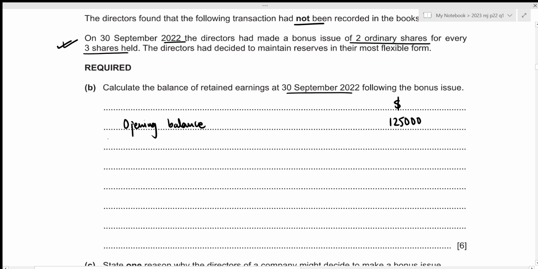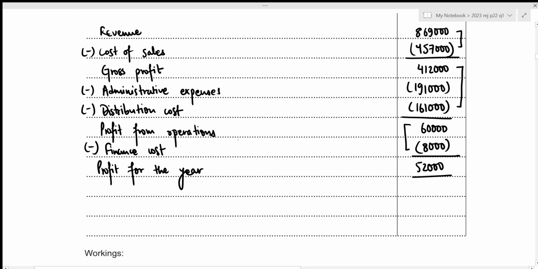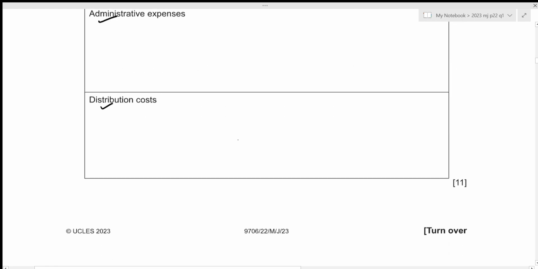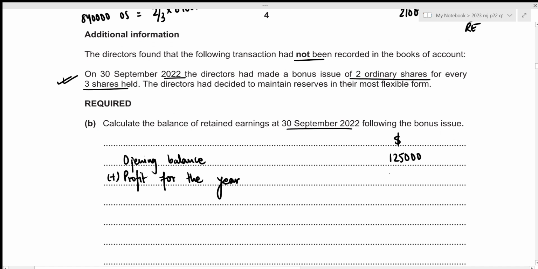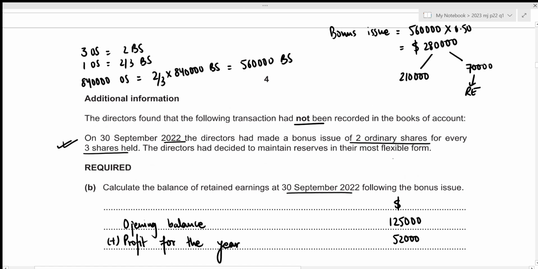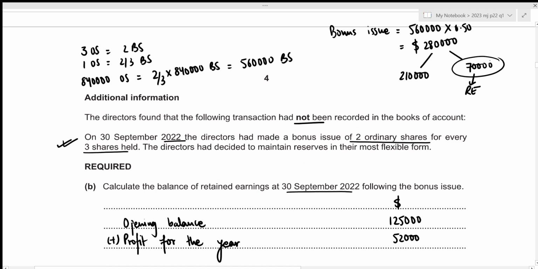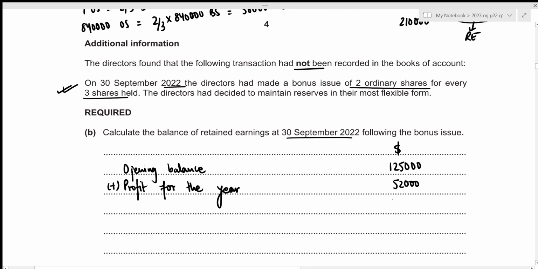And we've already figured out the profit for the year, which should be added to the retained earnings. We figured it out to be 52,000. Then we have also established that 70,000 for bonus issue will be funded by our retained earnings. So we just need to subtract 70,000 from retained earnings, and this will be for our bonus issue.